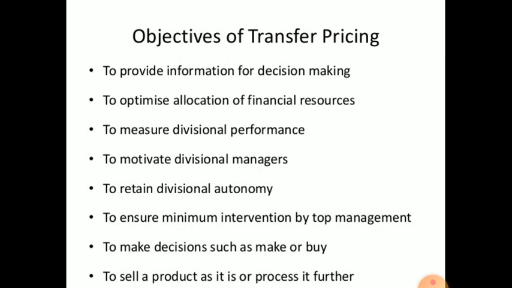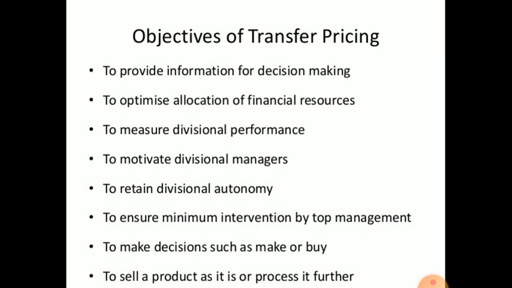To make decisions such as make or buy. Another very important objective is that it helps to make or buy decisions. Okay, to sell a product as it is or process it further. It can be transferred in two types. That is, finished goods can be transferred to another department. Also, semi-finished goods can be transferred from one department to another department.